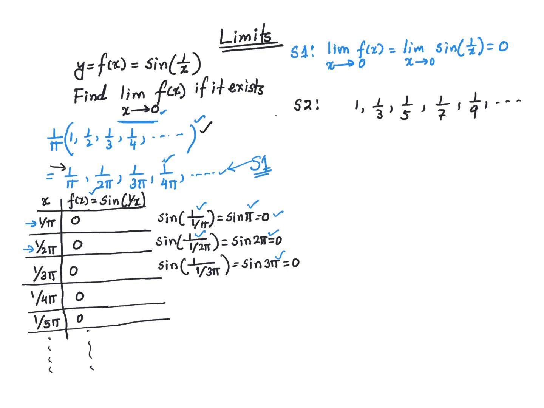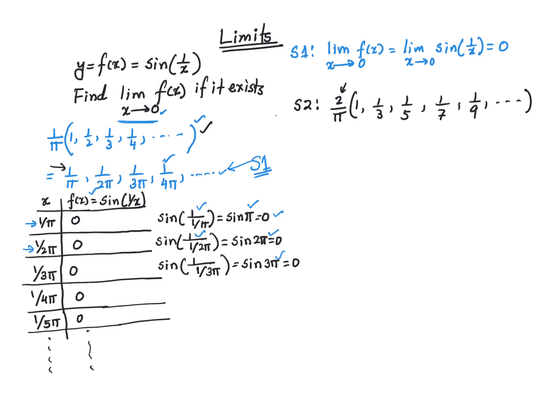However, this time I'm going to take this sequence and multiply it by 2 divided by pi. Again, this is a non-zero constant. By multiplying it by a non-zero constant, you're not going to change the convergence or divergence of the sequence.